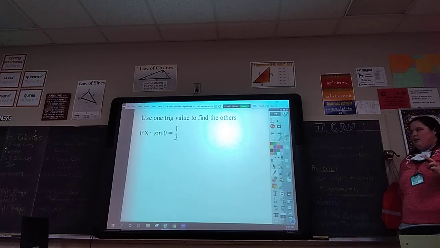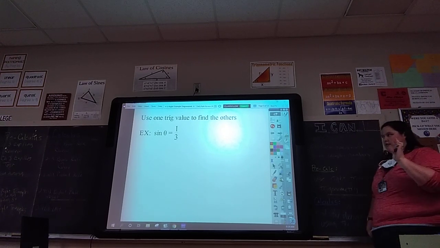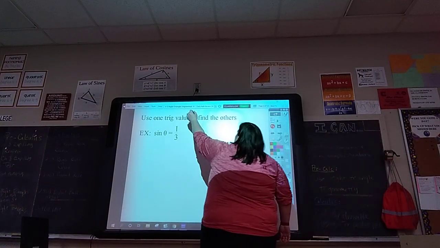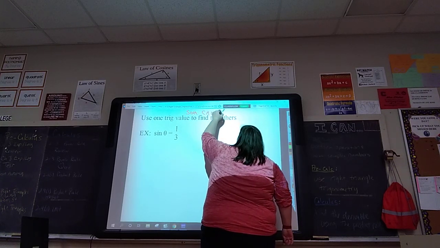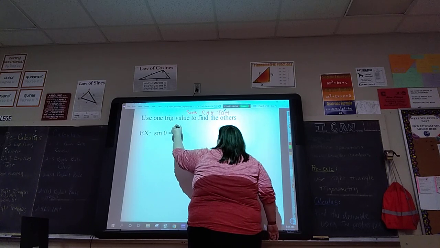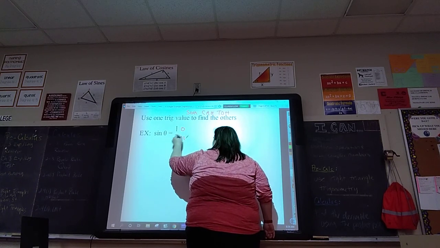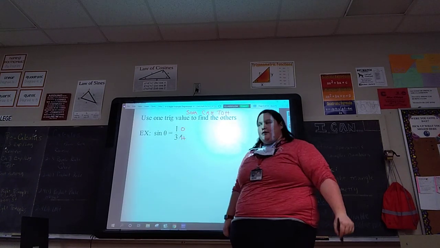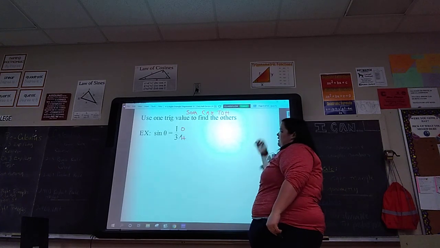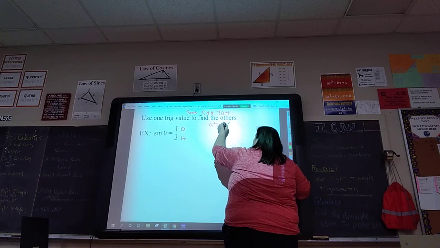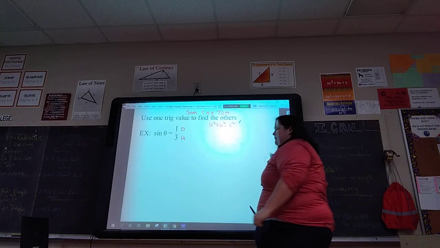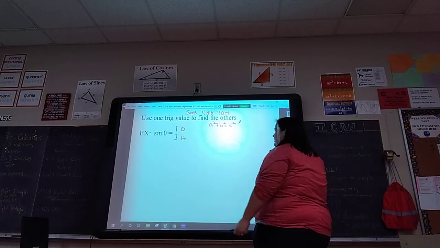So for sine, what 2 sides does sine have? Opposite and hypotenuse. Yep. So that means this 1 is my opposite, and this 3 is my hypotenuse. So what am I missing? Adjacent, okay? So we can use our Pythagorean theorem to help find that missing side.